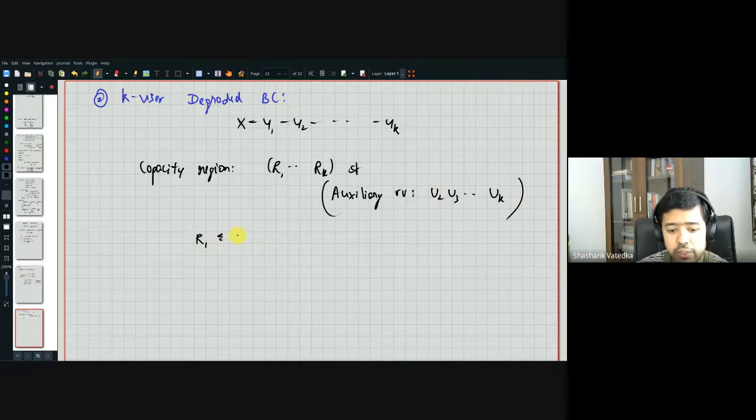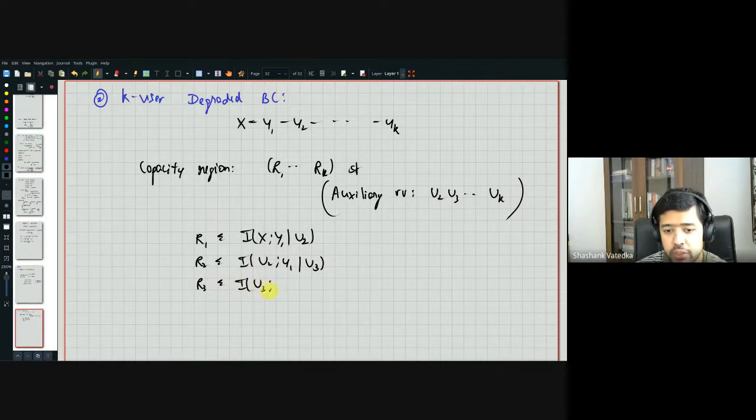R1 should be less than or equal to the mutual information between X and Y1 given U2. R2 should be less than or equal to the mutual information between U2 and Y1 given U3, and R3 should be less than or equal to the mutual information between U3 and, this should be Y2, Y3 given U4, and so on.